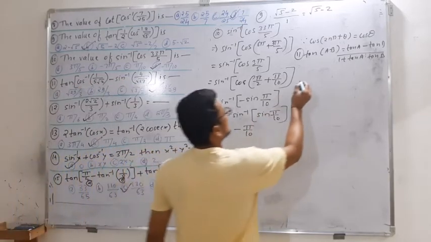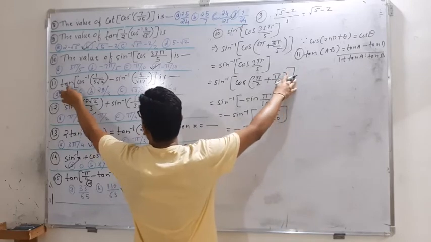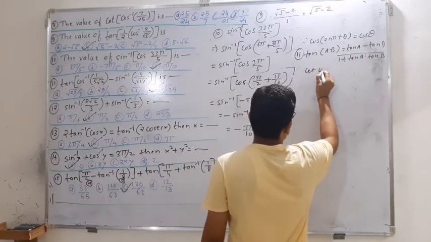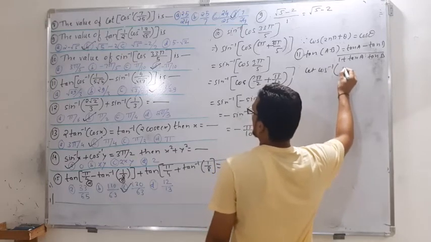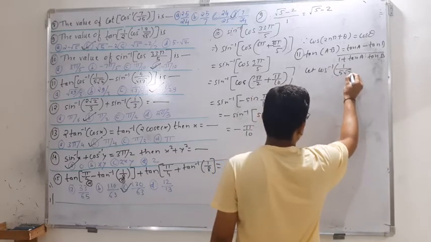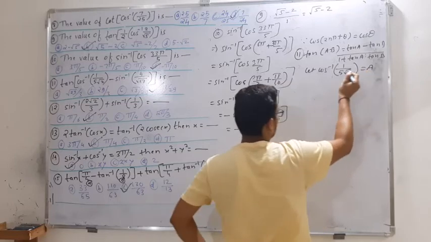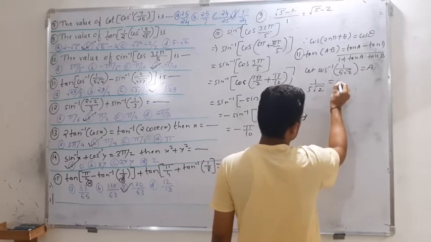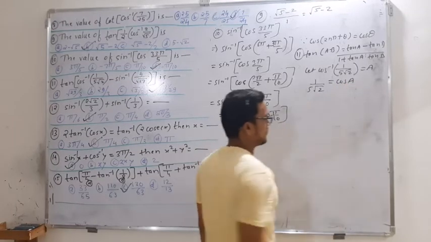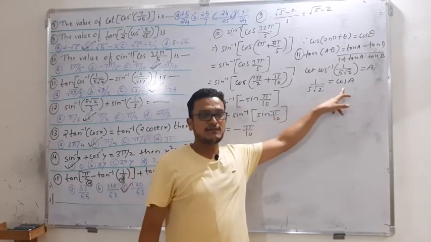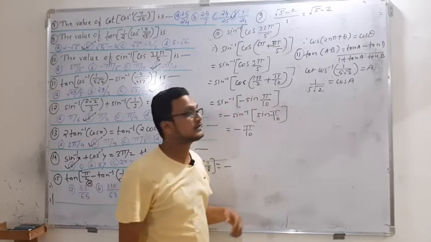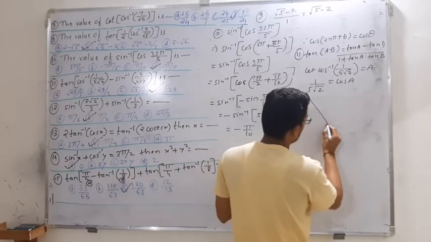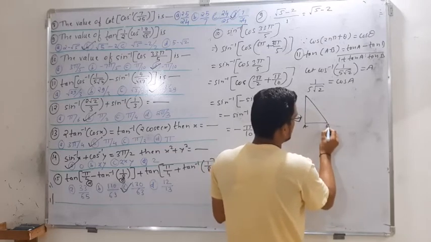How to find? We assumed tan of A minus B, so A is this. Let cos inverse of 1 upon 5 root 2 equals A, then 1 upon 5 root 2 is equals to cos A. Using this cos A function we have to find the value of tan A. For that you have to use the Pythagoras theorem. Suppose this is triangle ABC.